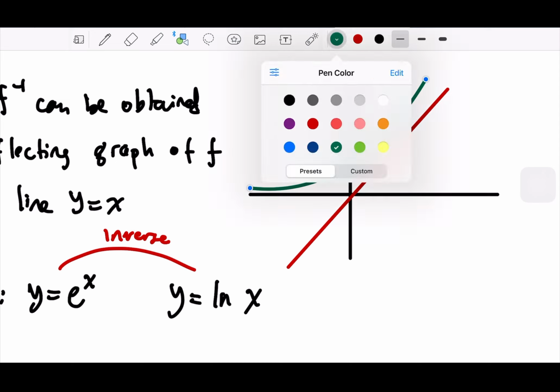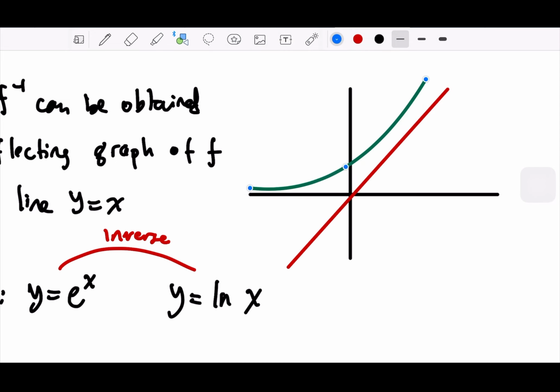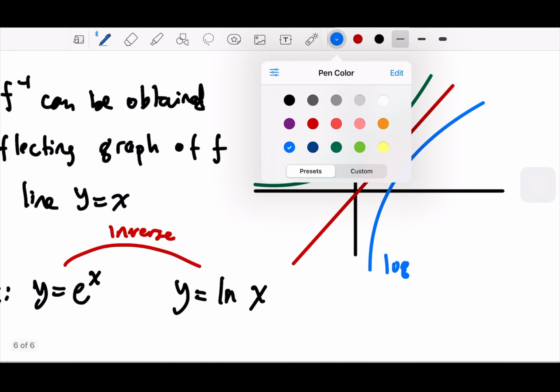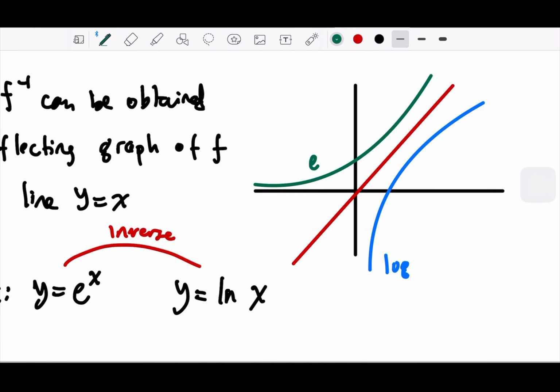And the log will be crossing from around here. Yeah, maybe something like that. This is the log, this is the e, or exponent.